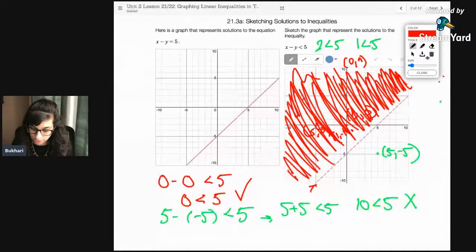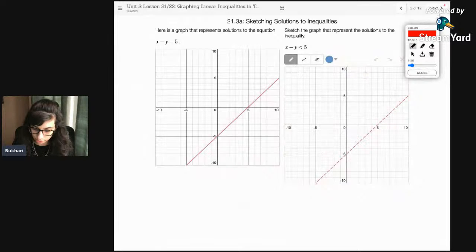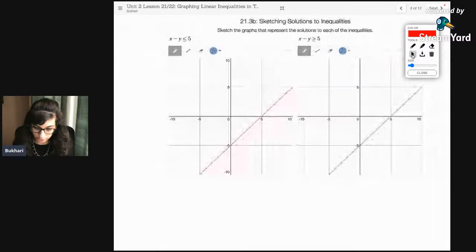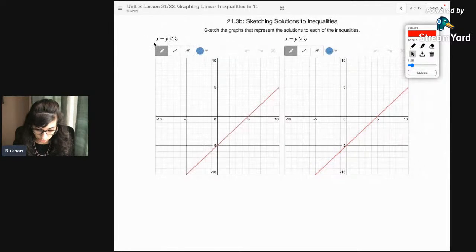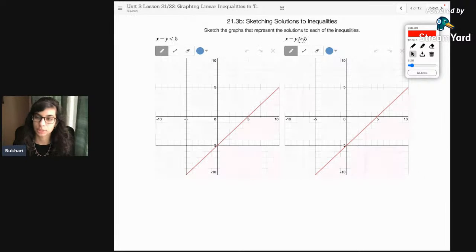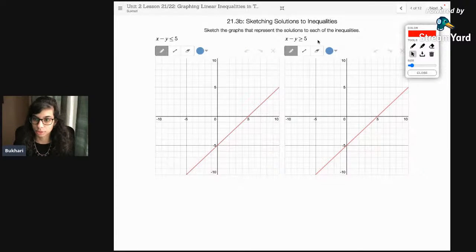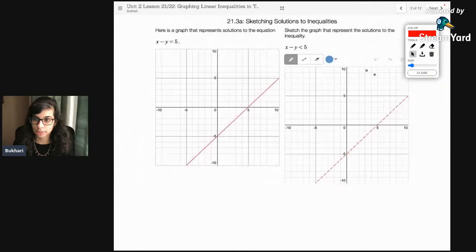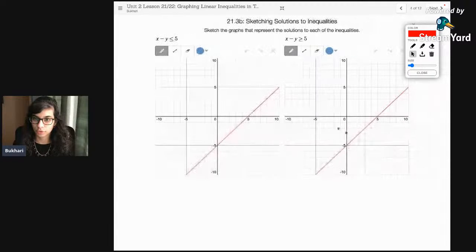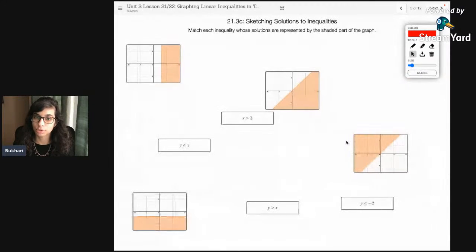And so you want to do the same thing for the next two slides, talking about solutions when x minus y is less than 5, or when x minus y is greater than or equal to. Remember, when you have a strictly less than, it is a dotted line. And if you have a less than or equal to or greater than or equal to, you have a solid line, because those also represent solutions.